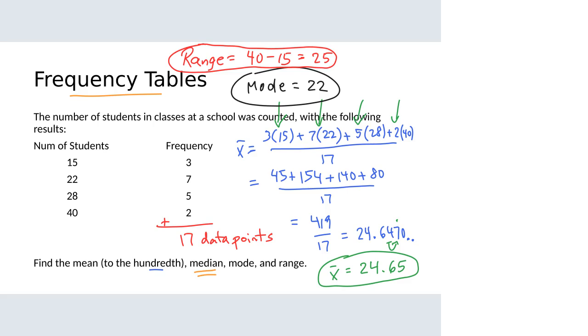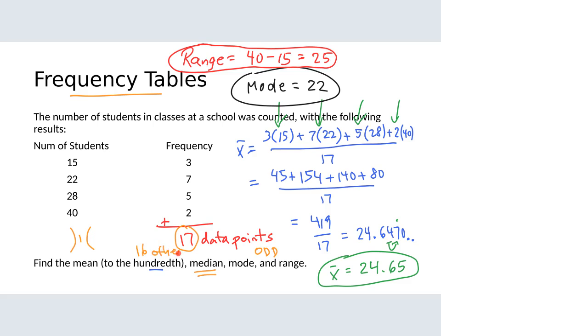So let's go back to sort of our basics here with finding a median. I have 17 data points. That's an odd number. That means there will be one number right in the middle to be my median. And then there will be 16 other data points.